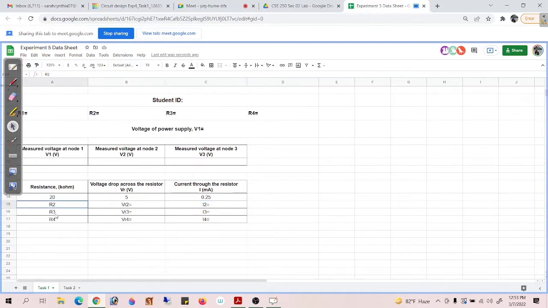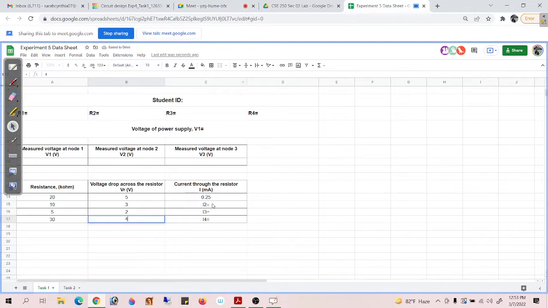Okay, so similarly, if you have values of R2 and R3, like let us say R3 is about 10, and it's about 5, and this is 30. So I'm just putting some random values, and let us say VR1 is basically 3, then 2, then 4.